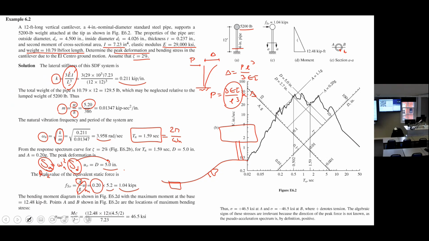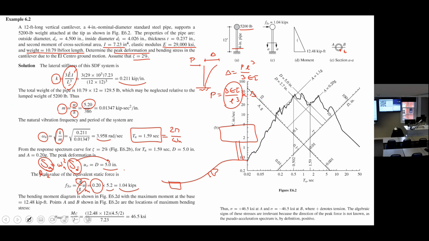So if you want to design your system, now you're allowed to just use this number as your force. This is your force. Analyze your system, whatever you want to do. What's the maximum bending for your system? Where does it occur?